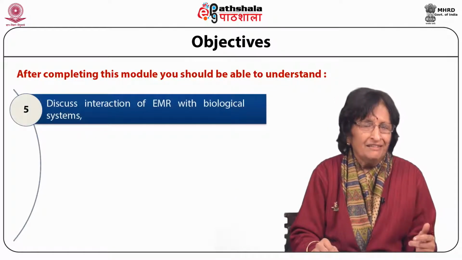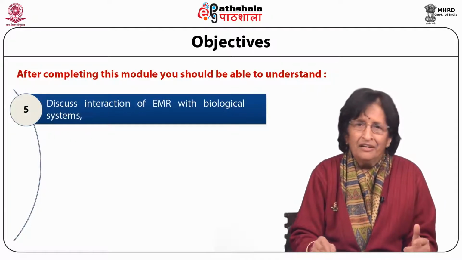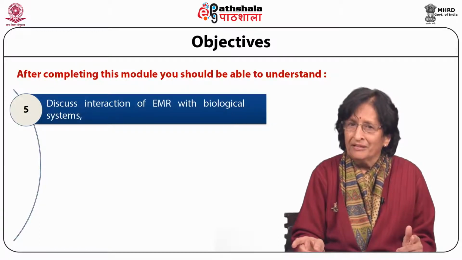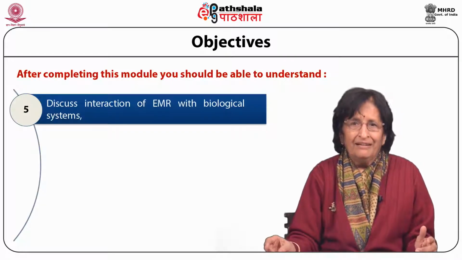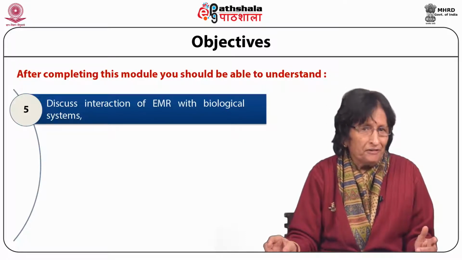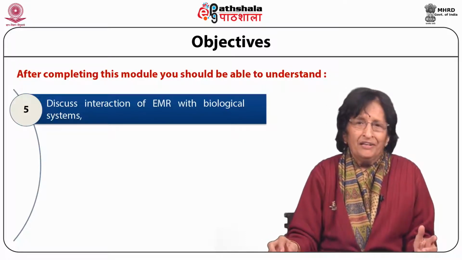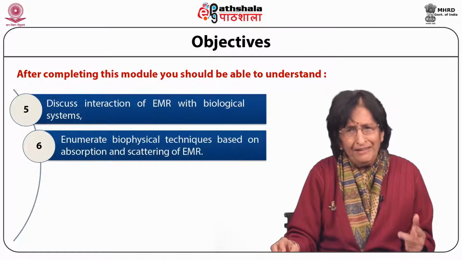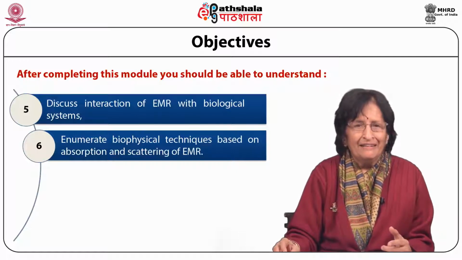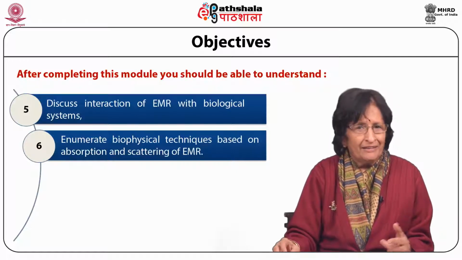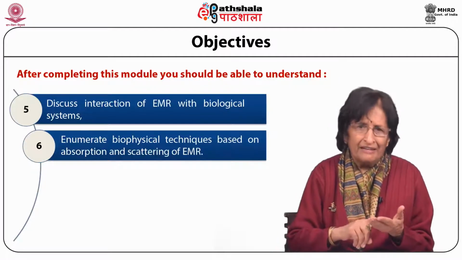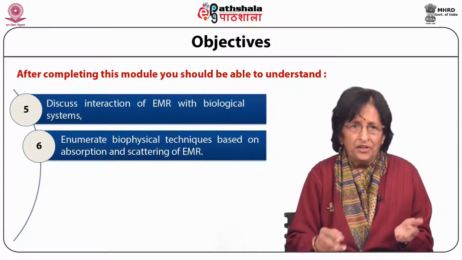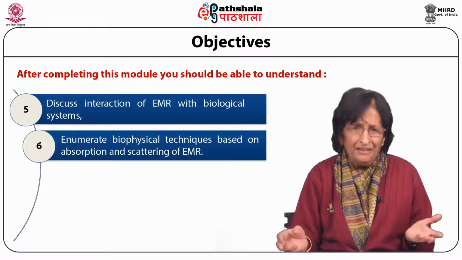We will discuss the interaction of electromagnetic radiation with biological systems in general, and then the use of this interaction in various biophysical techniques which are based on either absorption or scattering of electromagnetic radiation by an object, tissue, or a cell or anything.